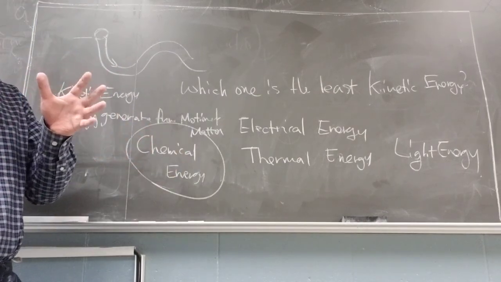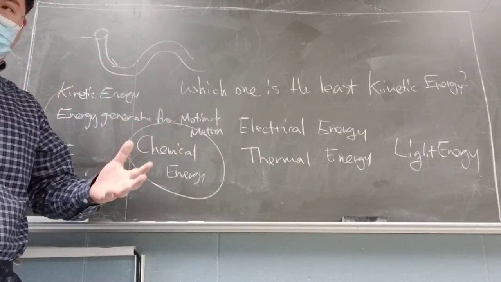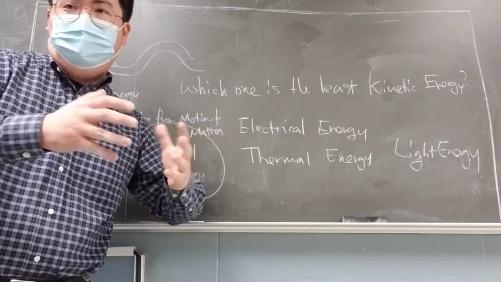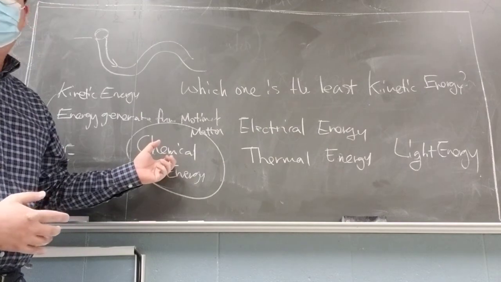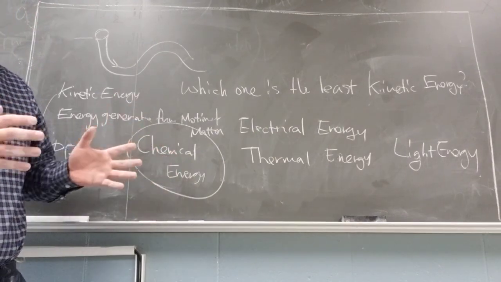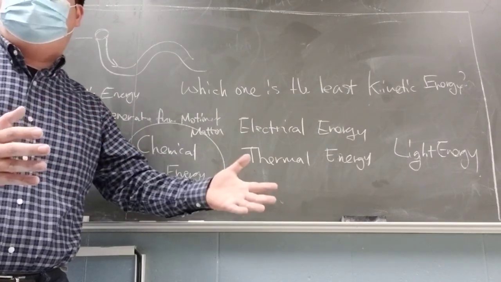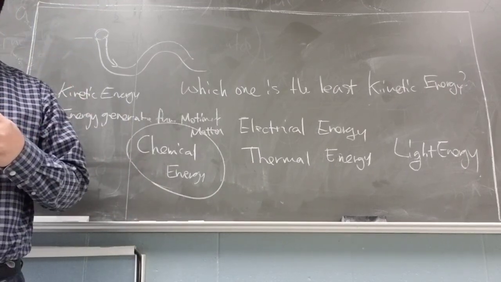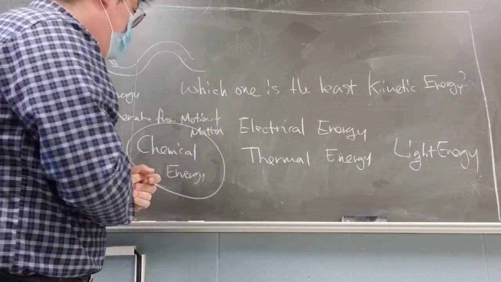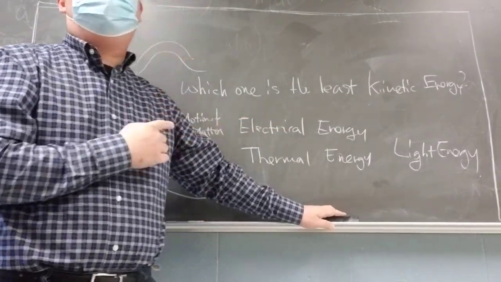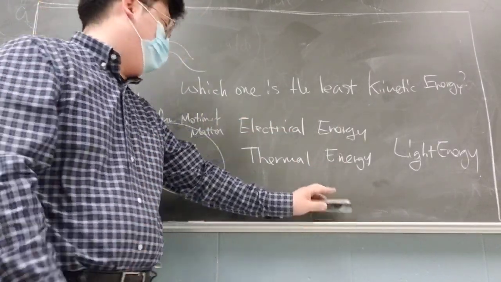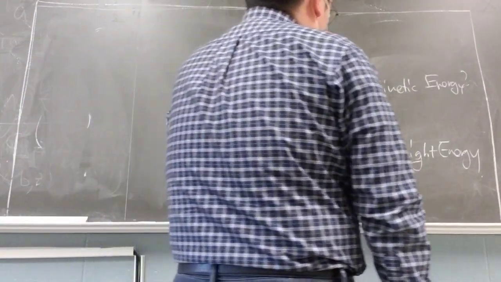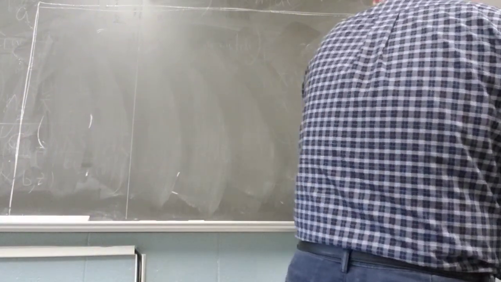It hasn't been used by doing any motion yet, but potentially it can be used in a chemical reaction. So this is a good example of potential energy, because it hasn't been used for making anything move yet. Does it make sense? Do you like this question? This is a good example.